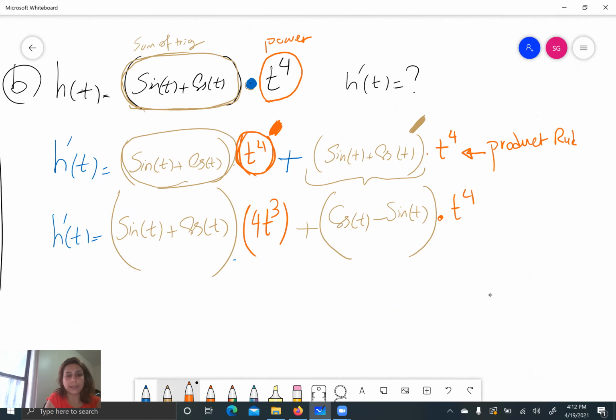Plus the derivative of the first one, multiplied by the second function. So in the first component, we took the derivative of the power function. In the second component, we took the derivative of the sum of trig functions. You see that? So that's it.